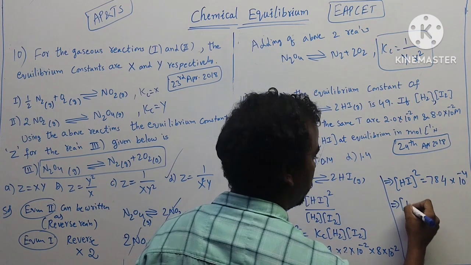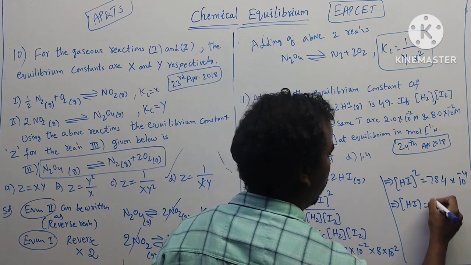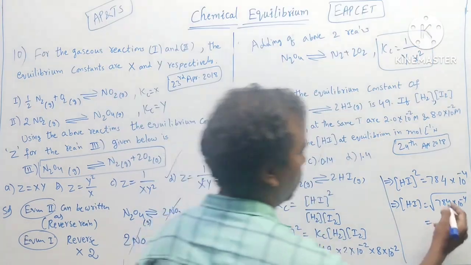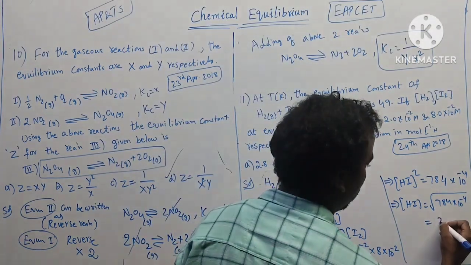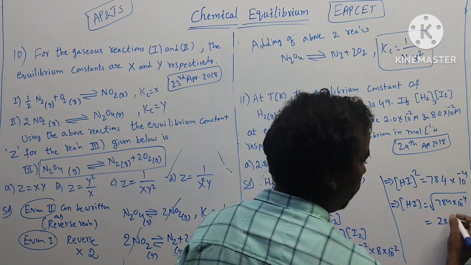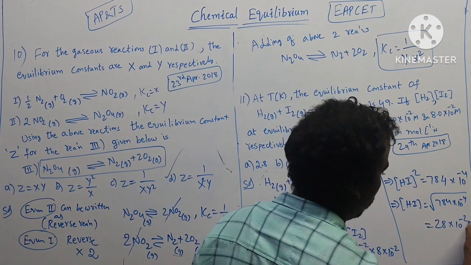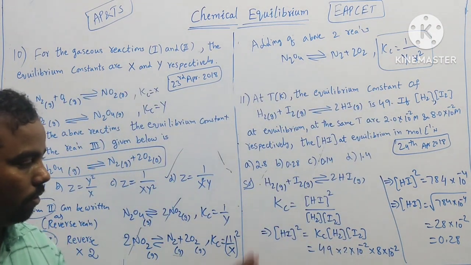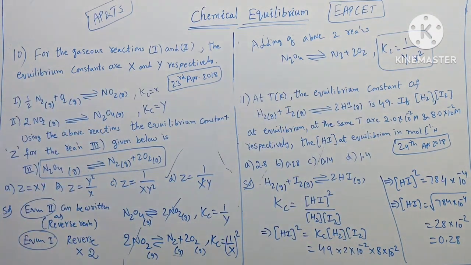So HI concentration is equal to square root of 784 into 10 power minus 4. So its value is 28 whole square 784, 28 into 10 power minus 2. So answer 0.28. Okay, note this, very easy.